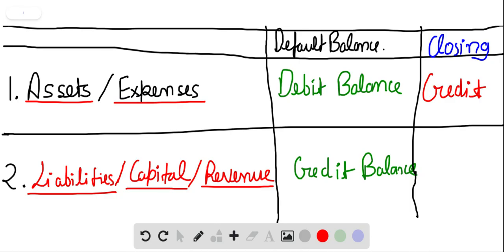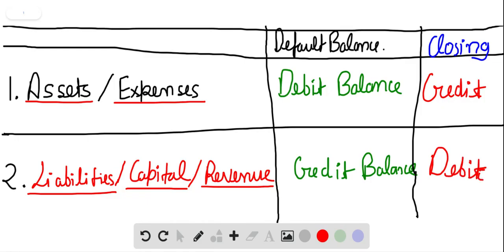Every asset will have a debit balance, so to close that account, we will transfer that balance to another account by giving a credit to the asset account. Alternatively, to close any account which has a debit balance, we will just credit that account. Whereas in case of credit balance, we will give a debit to that account. It is just the opposite, that's all.